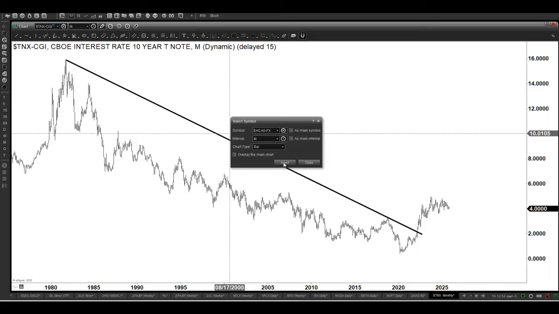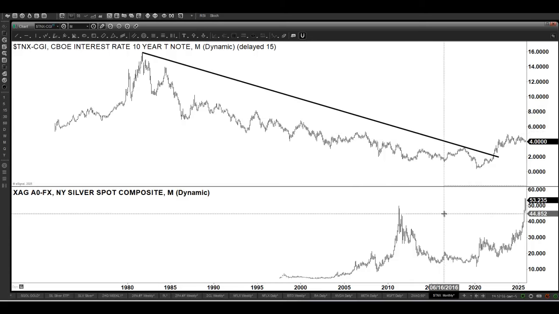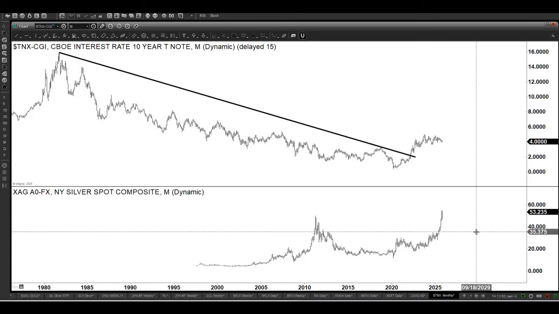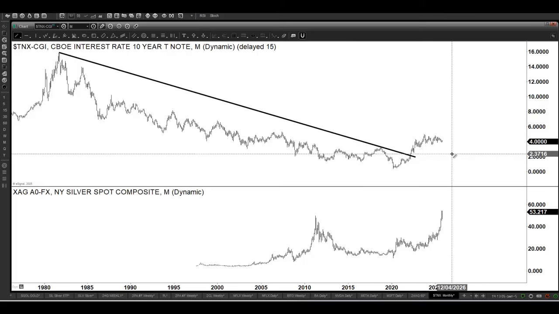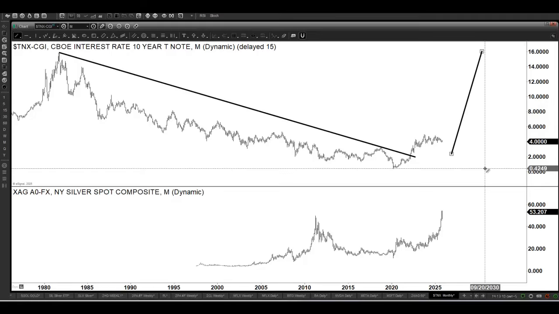This is silver, and this is the rates. The theory is that when this trades higher, the indices slow down. When this trades higher, silver sells.